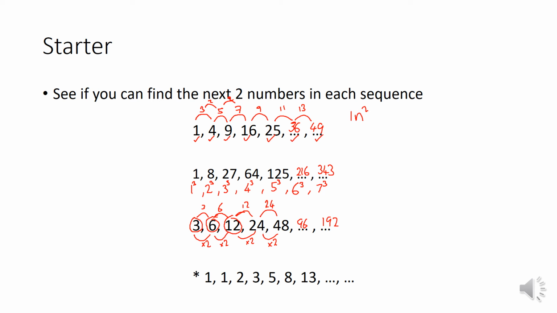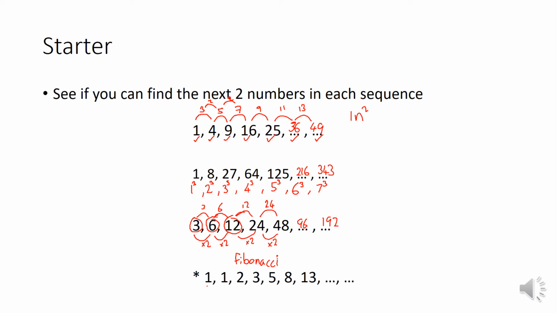Okay, so this next one is quite a famous one. This one's called the Fibonacci sequence, and we're going to be looking at this a bit more next lesson, along with some of the others. To work out the Fibonacci sequence, we add up the previous two terms.